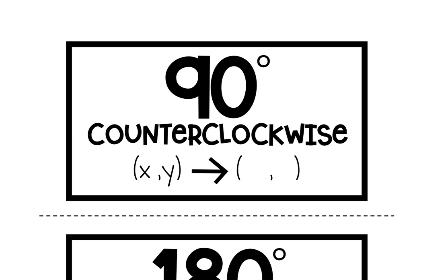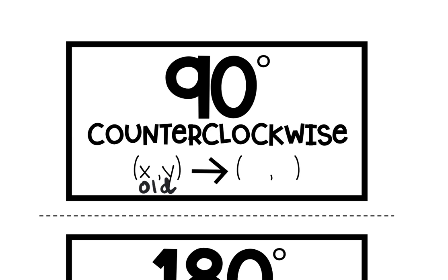So for a 90-degree counterclockwise rotation, the original X, Y, I'm going to write old for original. You can write original if you want to, but I'm writing old. So X, Y represents the original point, the old point. I'm trying to get this new point when there's a 90-degree counterclockwise rotation. What are we doing to this original point? Well, you're going to switch X and Y, and the original Y is going to have that change of sign.